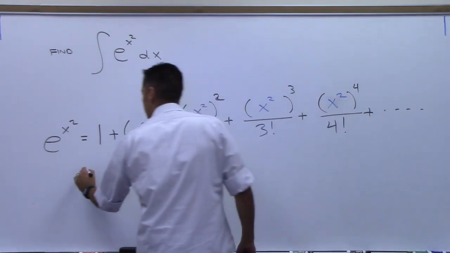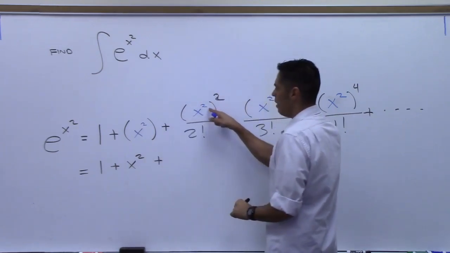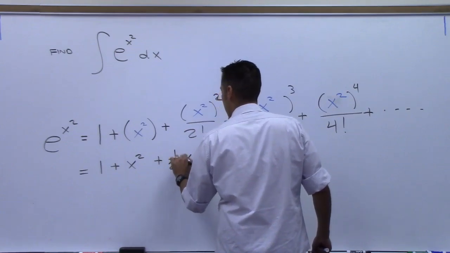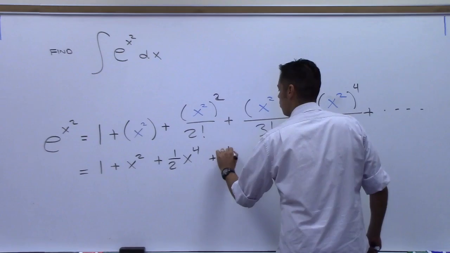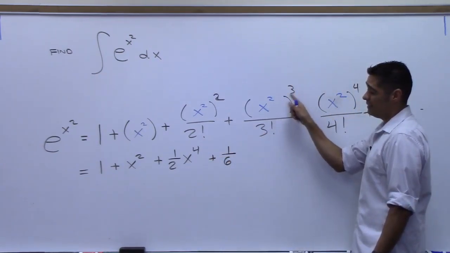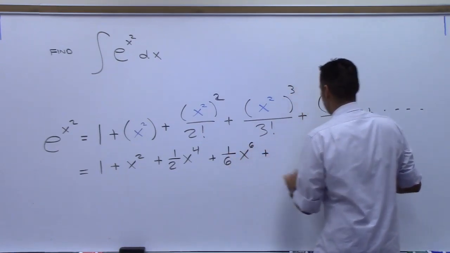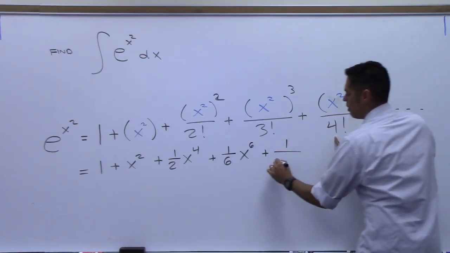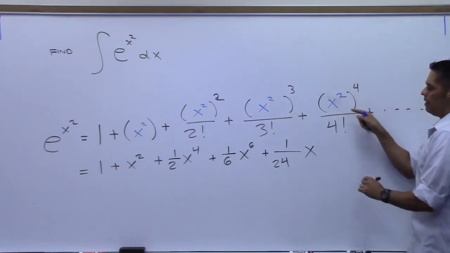And then this would become 1 plus x squared plus, let's see, x squared squared is x to the 4th. 2 factorial is 2, so 1/2 x to the 4th, right? Next one would be plus 1/6 because 3 factorial is 6, x to the 6th, plus, let's see, what's 4 factorial? 4 times 3 times 2 is 24, and then x to the 8th.